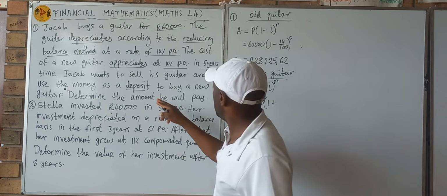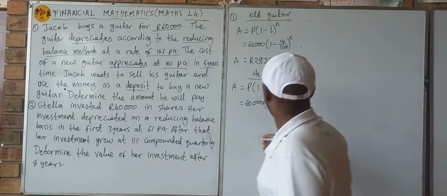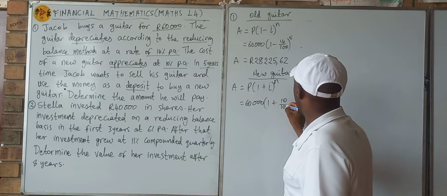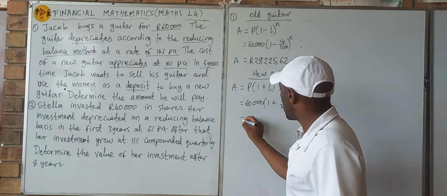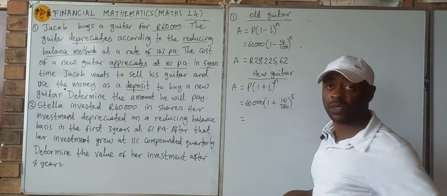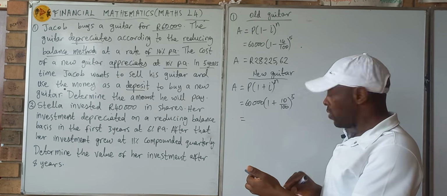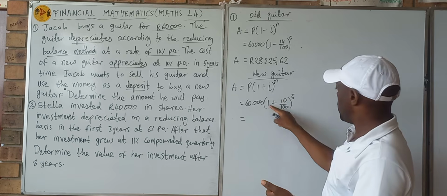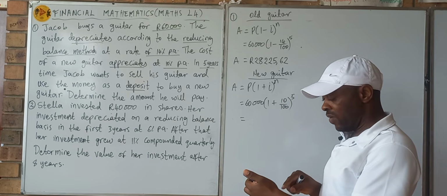So the cost of a new guitar appreciates at 10%, and that appreciation will be for 5 years. Let's see what is now the cost of a new guitar today. To do that, we'll take 1.1, because 10% is 0.1 plus 1 is 1.1. We'll raise it to the power of 5.